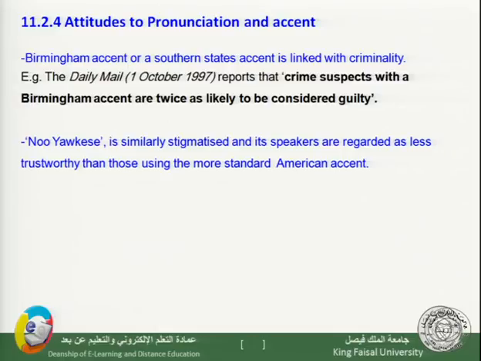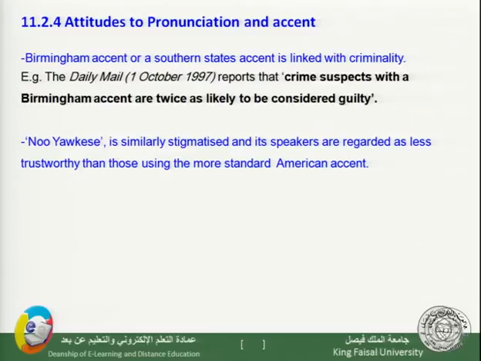And the other example here is that if you are from New York and you speak the dialect or the accent of New York, you will be thought of as less trustworthy. People will not really have a good trust in you if you are speaking this particular accent.